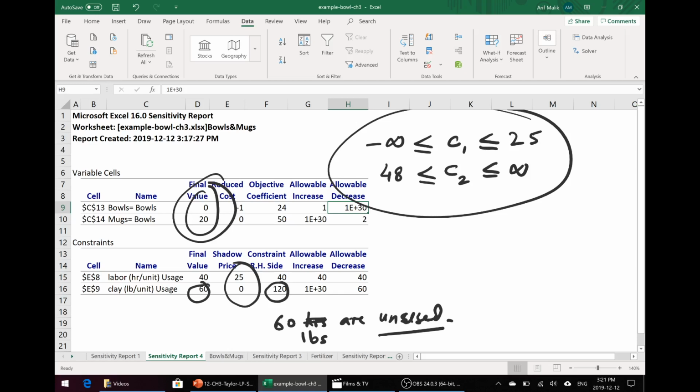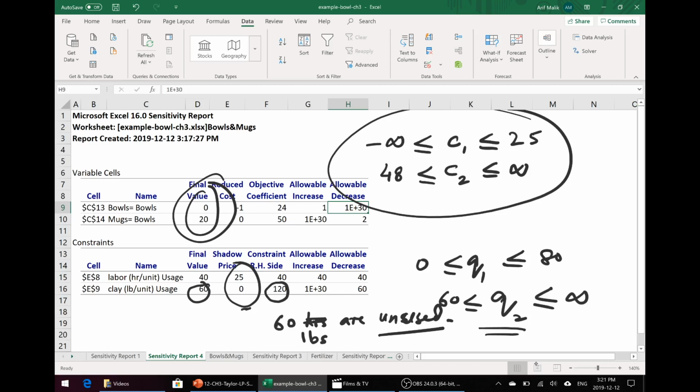The ranges of them are now, for right hand side quantity 1, the upper range is 40 plus 40, which is 80, and 40 minus 40 is 0. For Q2, we can increase to infinity and decrease it to 120 minus 60, which is 60. Within this range the shadow price is valid, and this makes sense.